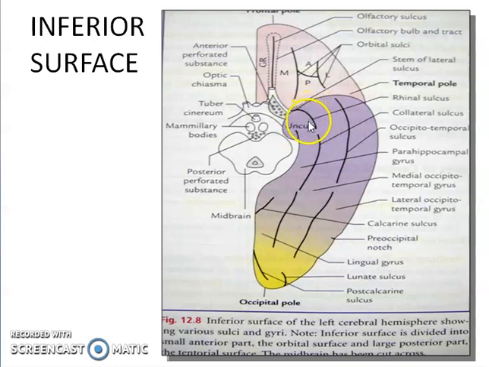This hook-like anterior end is called the uncus. The area on the sides of the occipitotemporal sulcus, the one on the medial side is called the medial occipitotemporal gyrus, and this one is called the lateral occipitotemporal gyrus.